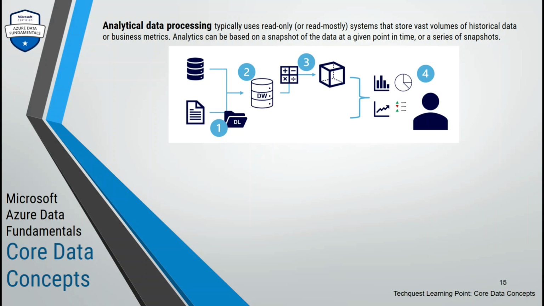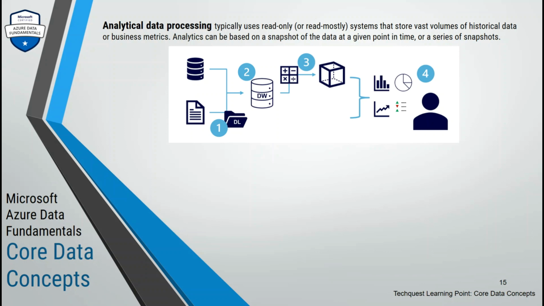Three: data in the data warehouse may be aggregated and loaded into an online analytical processing (OLAP) model or cube. Aggregated numeric values (measures) from fact tables are calculated for intersections of dimensions from dimension tables.